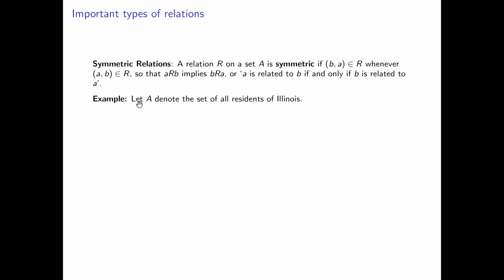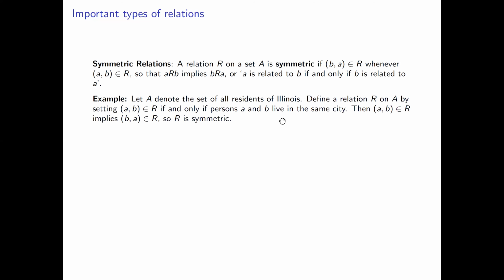In this case, I'll let my set A denote the set of all residents of the state of Illinois, and I'll define my relation R on the set by saying a is related to b if and only if persons a and b live in the same city. Well, what happens if a is related to b? By definition, that means persons a and b live in the same city. But if persons a and b live in the same city, then it doesn't matter what order I say that in.